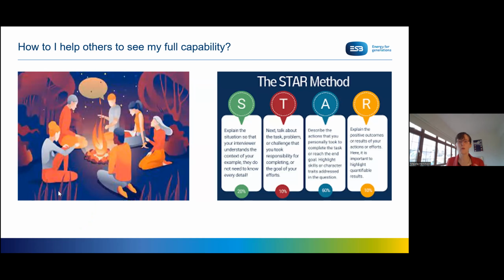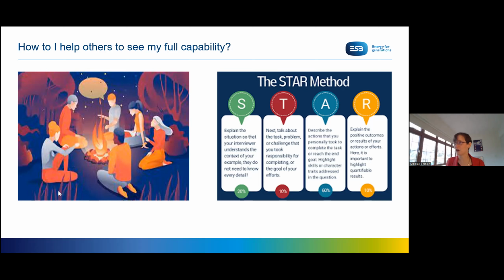And why we use stories is because that way you're talking about something that really happened, and it can be authentic. It's not that people can't lie and do it convincingly, but most of the time when you ask people to tell you a story about how they demonstrated a behavior in the past, you get to see their real skill set.